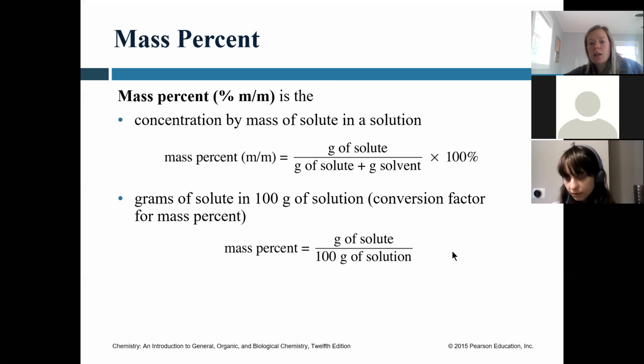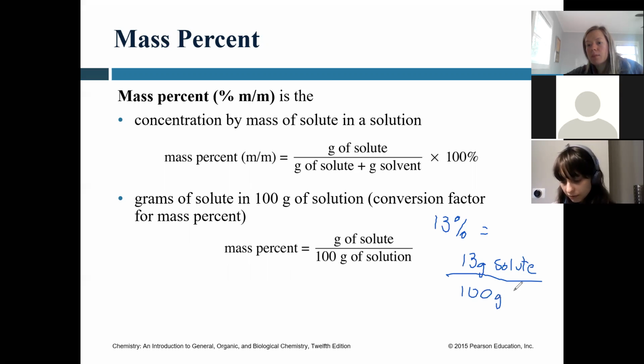So let's say you had a 13% mass percent. That's the same thing as saying 13 grams of solute, whatever the solute happens to be, over 100 grams of solution. So you've got a quick way to hop back and forth between percent and a conversion factor.